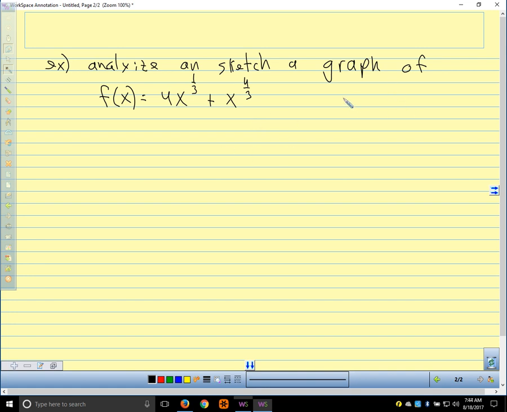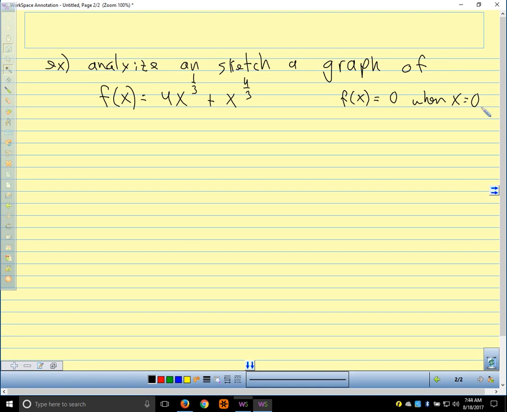I'm going to write over here, f of x equals 0 when x equals 0. So that's really easy to see. So could it possibly have another x-intercept? Yeah, let's factor it.